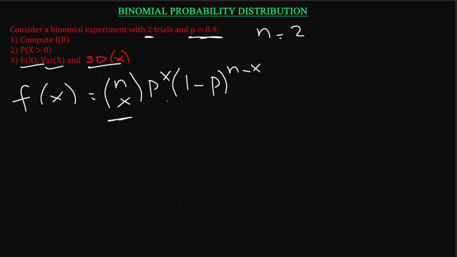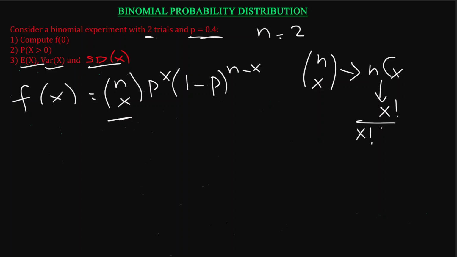Now, n choose x can be rewritten as n factorial over x factorial into bracket n minus x factorial. Given this, let's go into question 1.